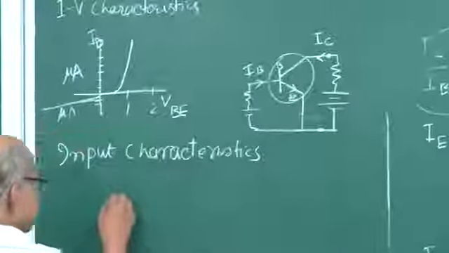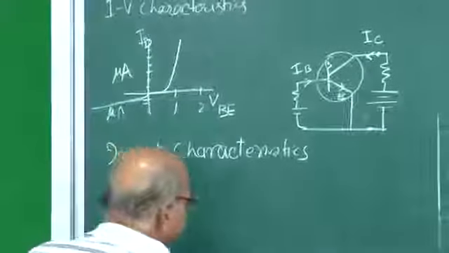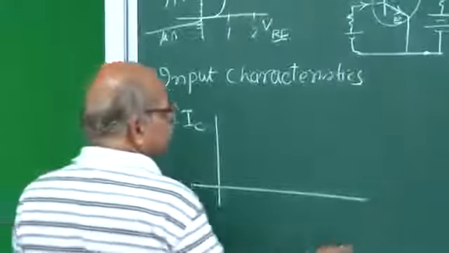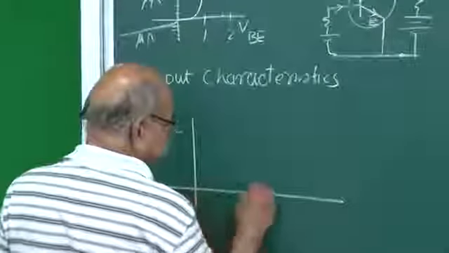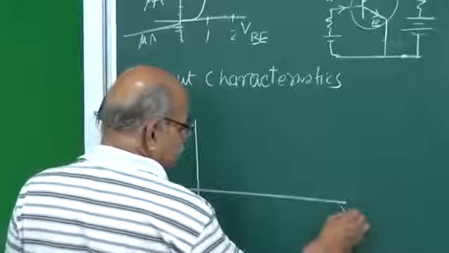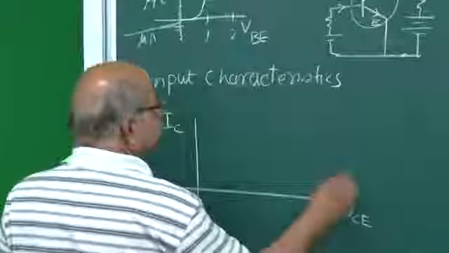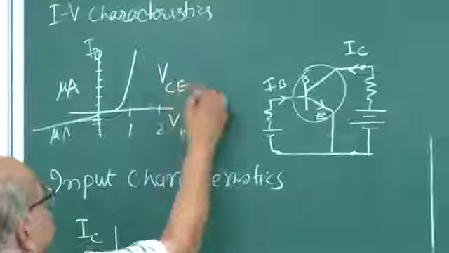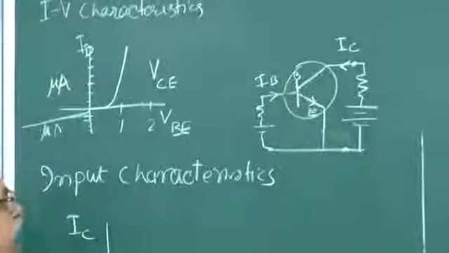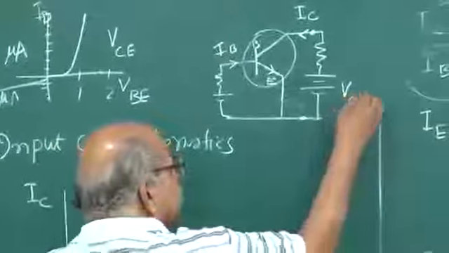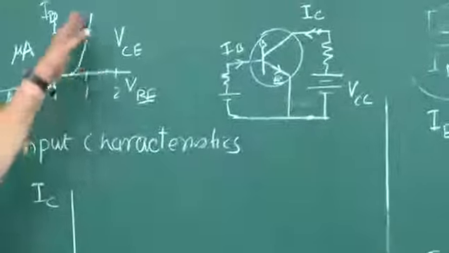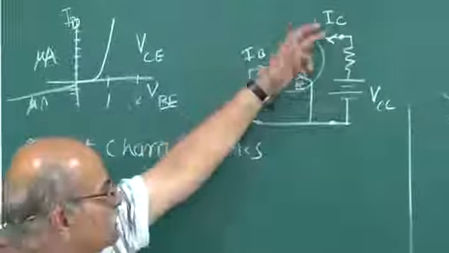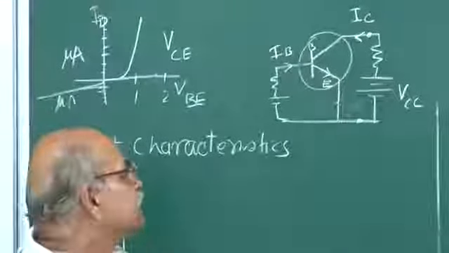So if you draw curves of this collector current IC, and here you have VCE. In the input characteristic, VCE is constant, and for that you may have to adjust this VCC, because if the current is changing, then this drop is changing, and if you want to keep this VCE constant, you have to adjust this VCC here.